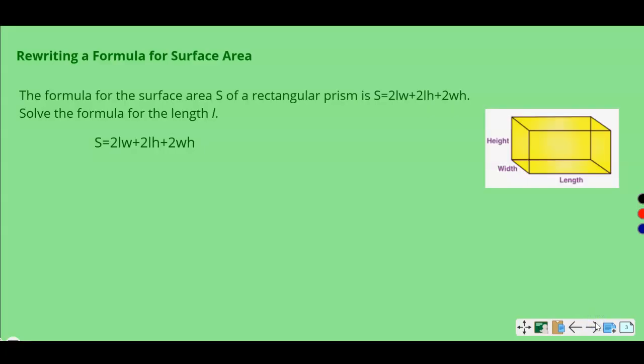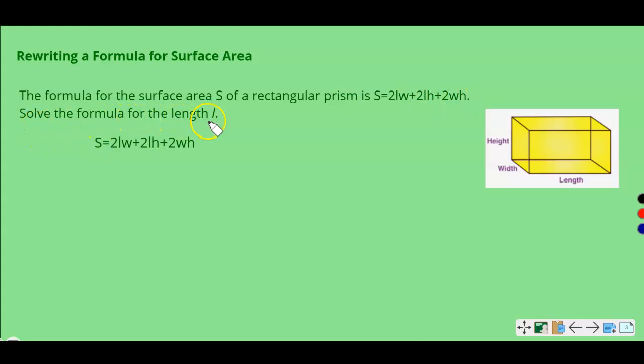All right, the next example says rewriting a formula for surface area. Remember, surface area would be the area of each side of the surface. So the formula for surface area of a rectangular prism is surface area equals 2 times length times width plus 2 times length times height plus 2 times width times height.